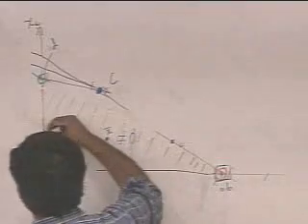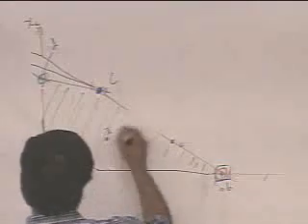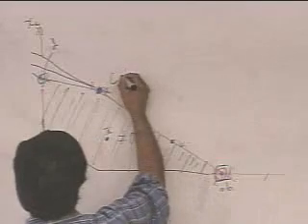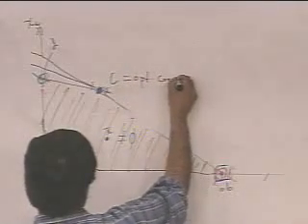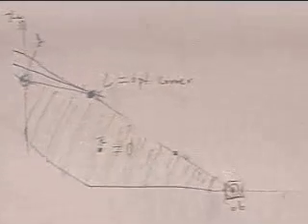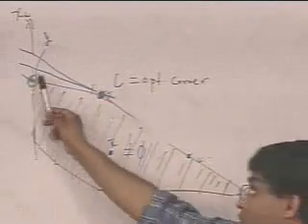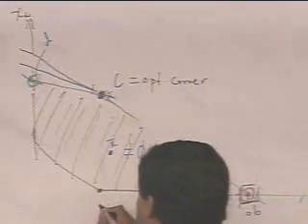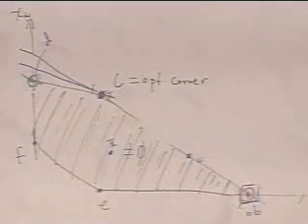And let's say the LP feasible region looks like this. And for some reason, I have concluded that C is the optimum corner. And at that point, I know that I don't want to go here. I don't want to go there. Is it possible that this might be better? Let's call it corner E, corner F. Do I have to check E and F?